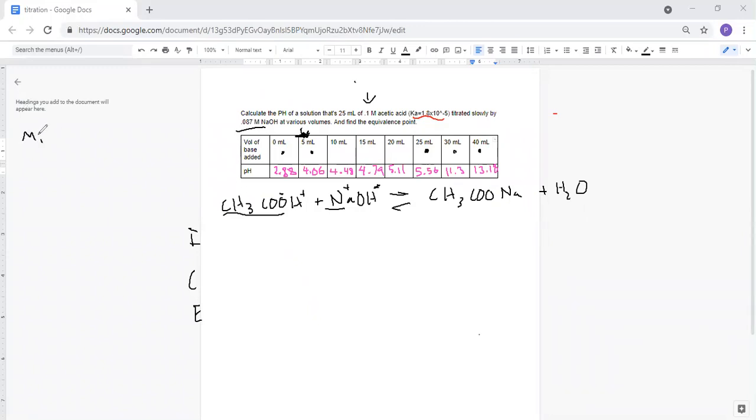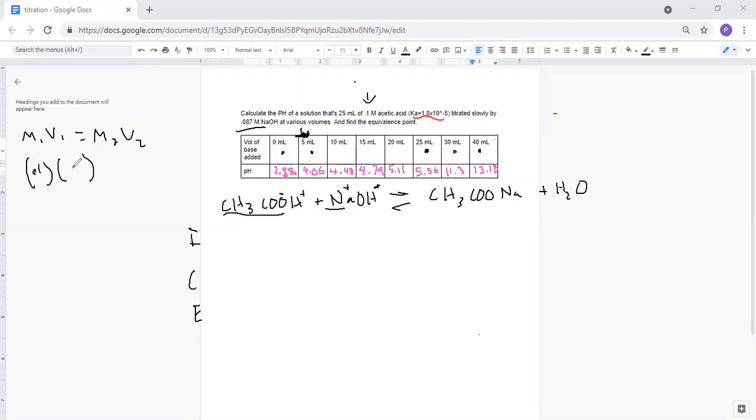Let's do another dilution. We have to do a different dilution every time because we're adding a different amount of base. So originally, let's do our acid's dilution first. Originally, we had 0.1 molarity. This side's always going to stay the same, right? Because originally we have the same amount of acid.